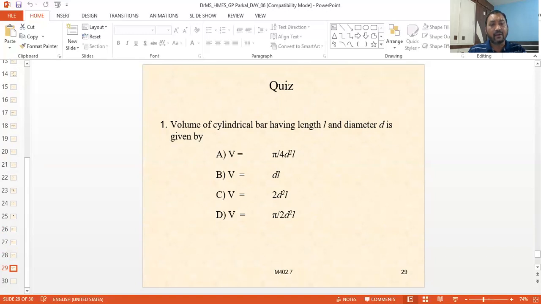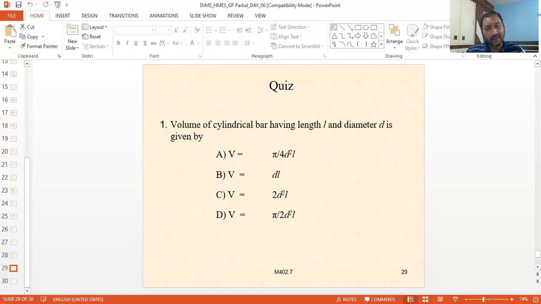Next, the volume of a cylindrical bar having a length L and diameter D is given as V equal to: option A is pi by 4 D square into L. Option B is D into L. Option C is 2D square into L. Option D is pi by 2 into D square into L. We know that because it is a cylindrical bar, having a round cross section, the volume is equal to area into length.